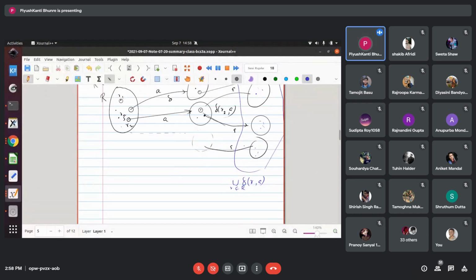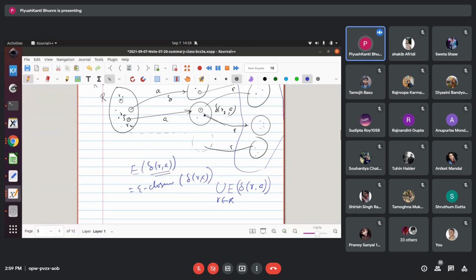Then we basically take the epsilon closure of that, E of this, and take their union, r belongs to R. So in other words, delta prime(R, a) is basically the epsilon closure of delta(R, a).